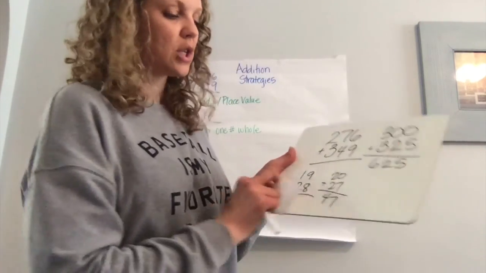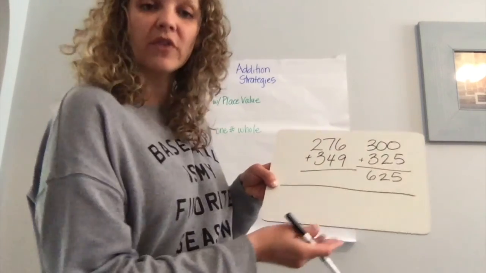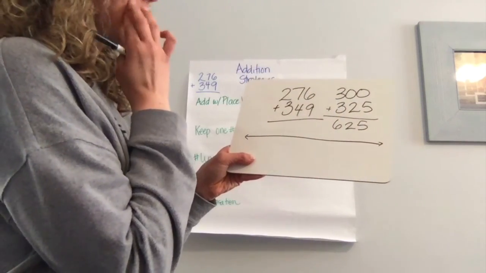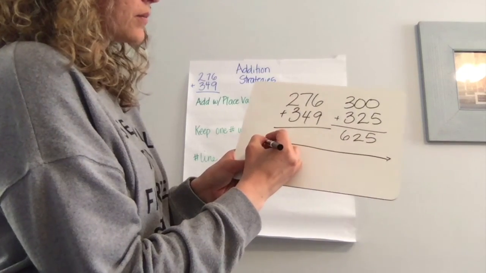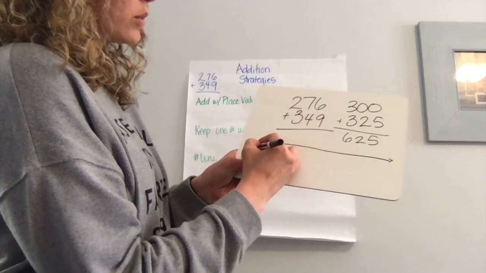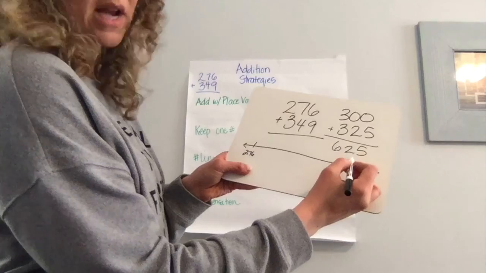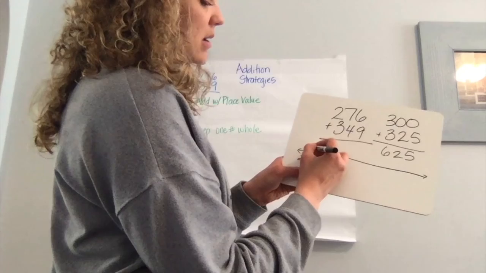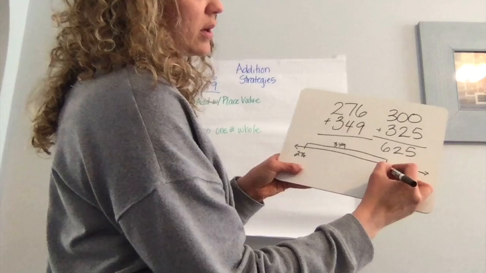All right, so just some quick background about compensation and why it works. It's going to come from thinking about it on a number line, okay? We are thinking about, I'm trying to think which number we changed, 276, right? And we were thinking about adding 349, and here's 349, and this is where we're landing.